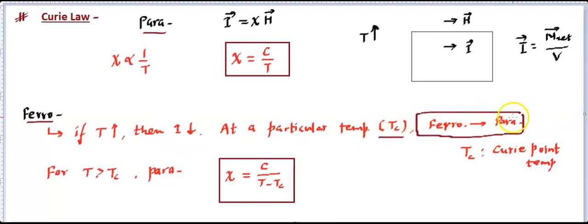When this transition takes place, it becomes paramagnetic material. And then again for paramagnetic materials, susceptibility is C upon T minus Tc, because we know this magnetic susceptibility we have talked about for para and dia. For ferro, there is a hysteresis loop that decides how this I and H are related. Understood? So this explains the dependency on temperature, or heating effect, on the magnetic material.